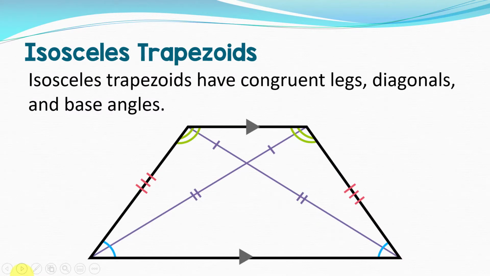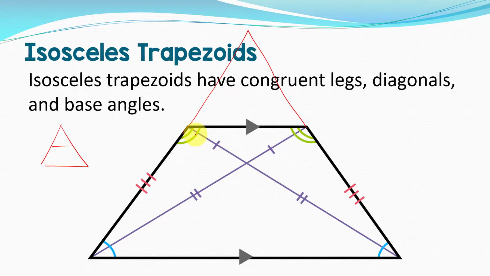All right, we have a unique kind of trapezoid called an isosceles trapezoid. Remember, we talked about isosceles triangles. I kind of think of it as an isosceles triangle with the top chopped off. If this was finished off, you would have an isosceles triangle.